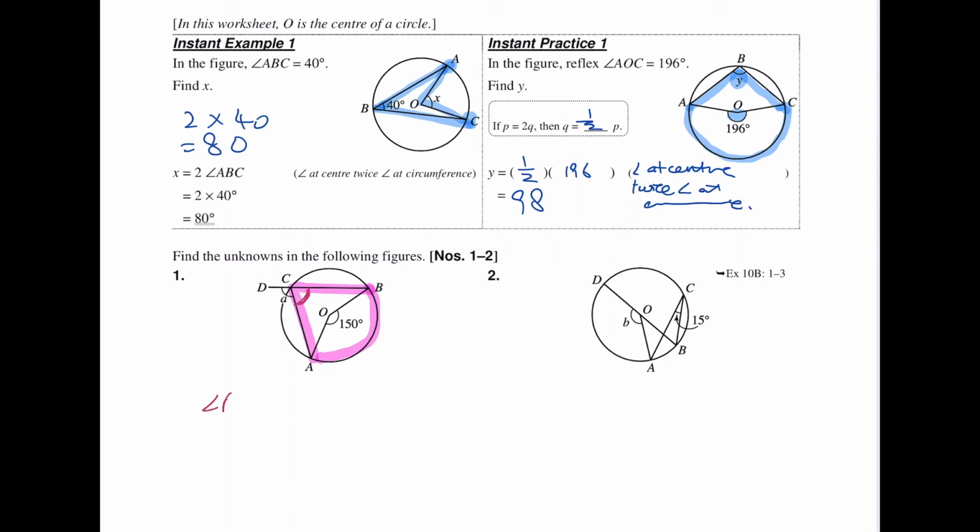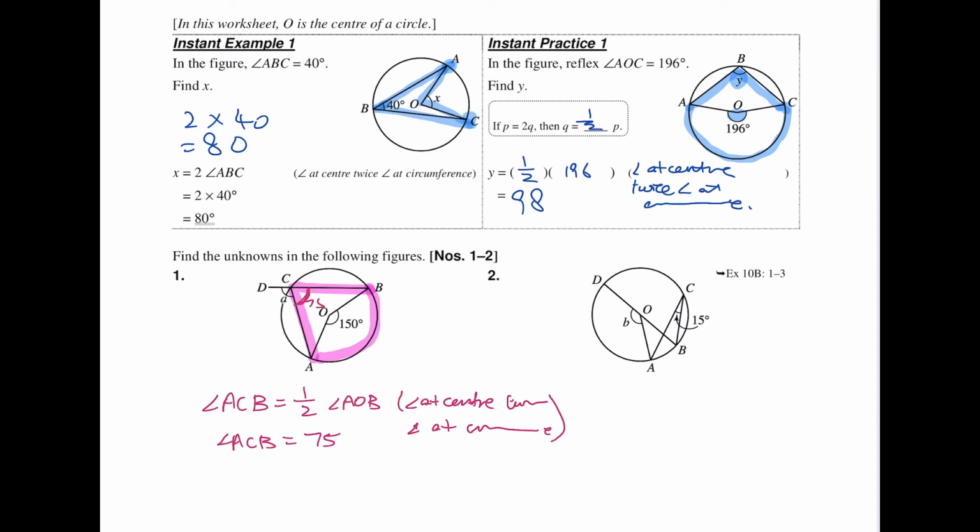Angle ACB is half of angle AOB, and the reason is angle at center twice angle at circumference. So you should be able to get ACB as 75. 150 divided by 2, 75.